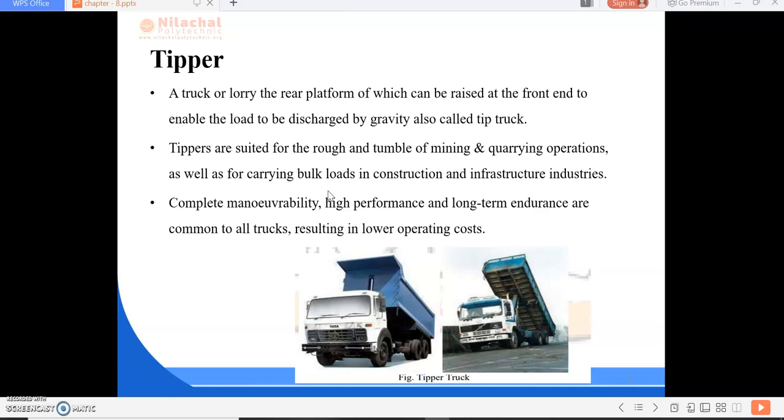Tippers are suited for the rough and tumble of mining and quarrying operations, as well as for carrying bulk loads in construction and infrastructure industries. Complete maneuverability, high performance and long-term endurance are common to all trucks, resulting in lower operating cost.